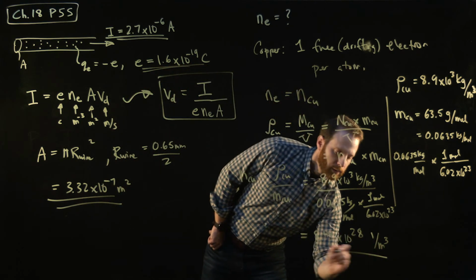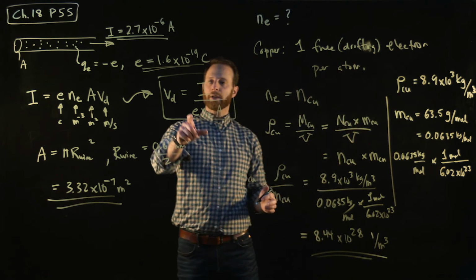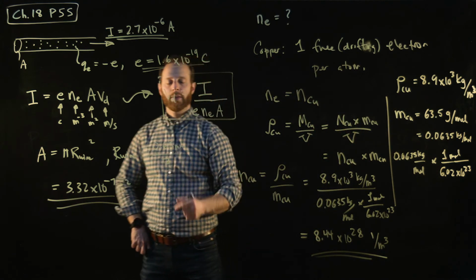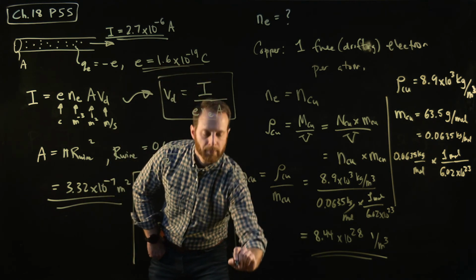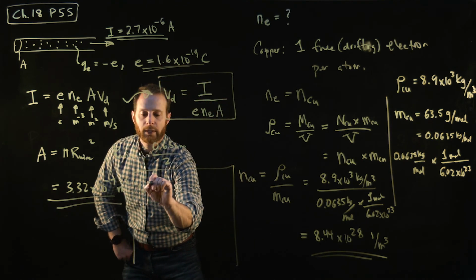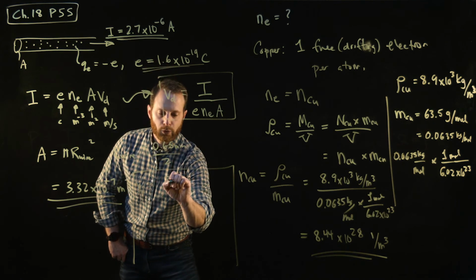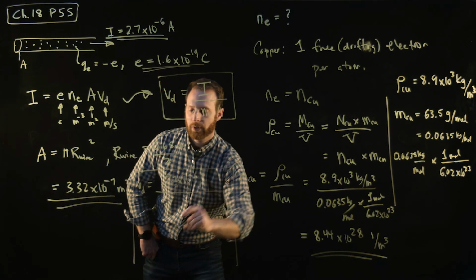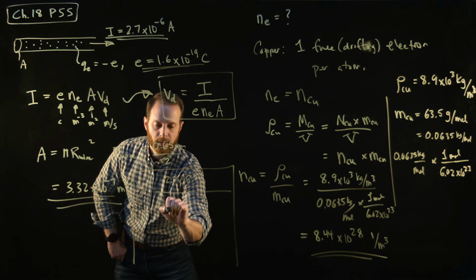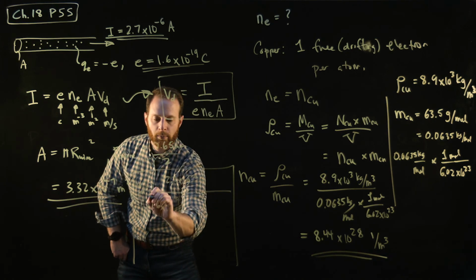Okay? With all that done, we are now ready to plug that into our formula for the electron drift velocity. So let's carve out a little space and do that here. Vd is the current, 2.7 times 10 to the minus 6 amps. The charge, 1.6 times 10 to the minus 19 coulombs.